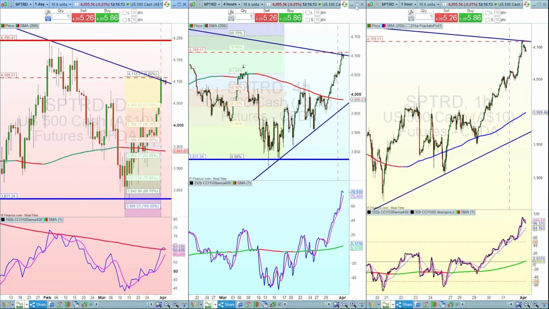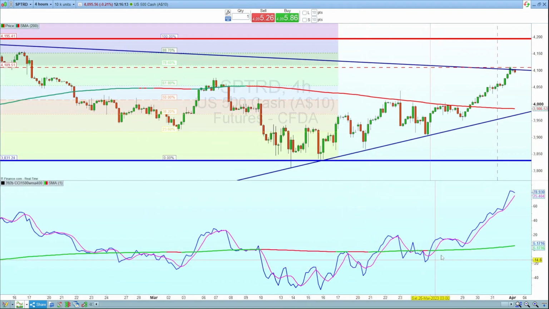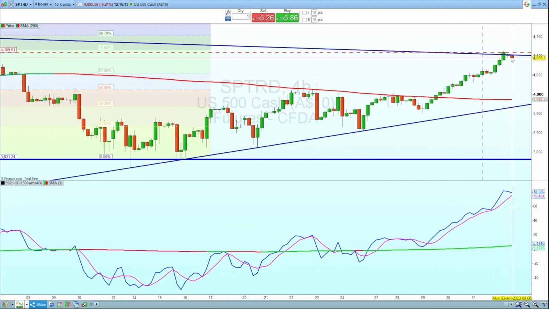On the 4 hour chart, again, you can see it's a pretty strong increase on the CCI above its moving average. You can see more clearly it's bouncing off that descending diagonal trend line, but also that dotted red line, which is our resistance area being formed as we speak.